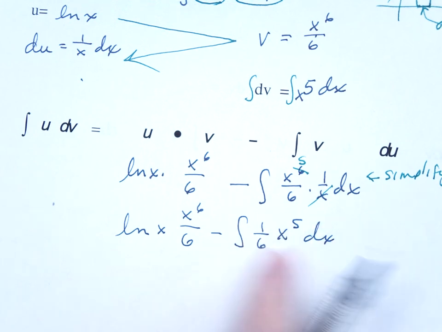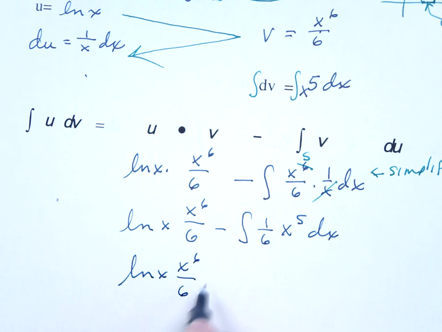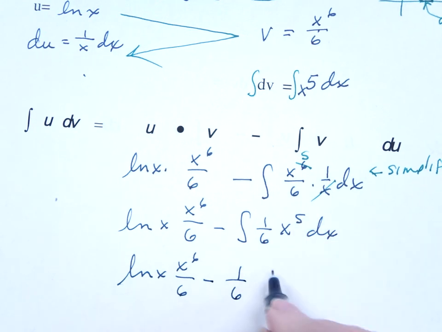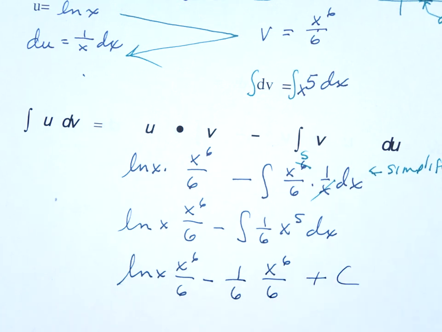So I now integrate that. That's just anti-power rule. So this would be the natural log of x, x to the 6th over 6 minus 1/6, that's the constant. Antiderivative of x to the 5th is x to the 6th over 6. Now I'm finished. There's nothing else I need to do, plus c.